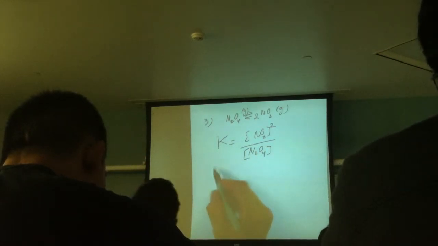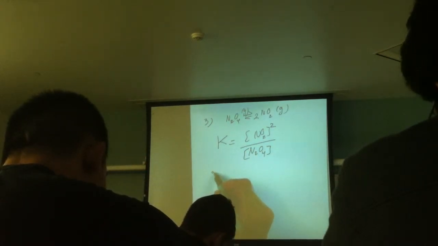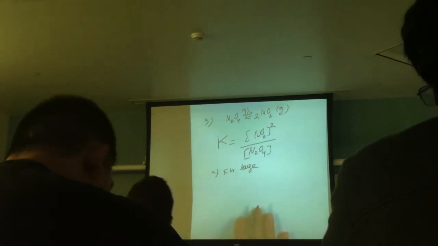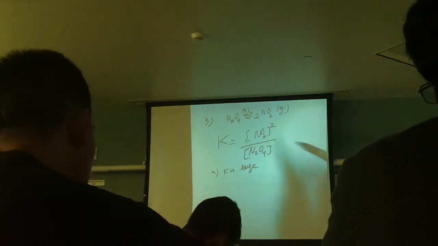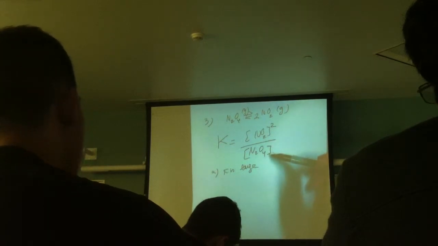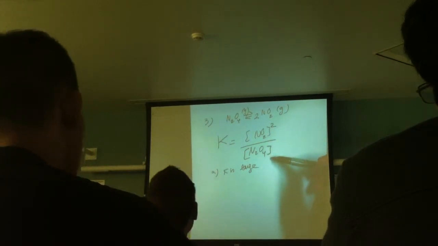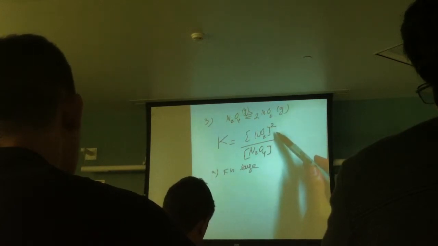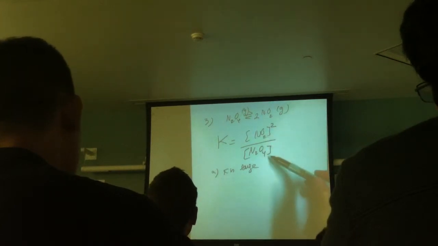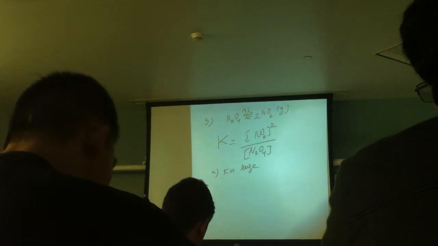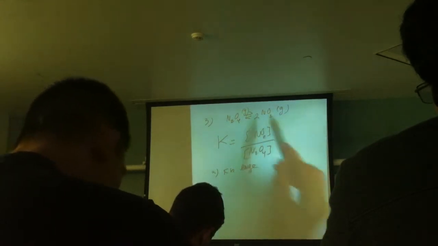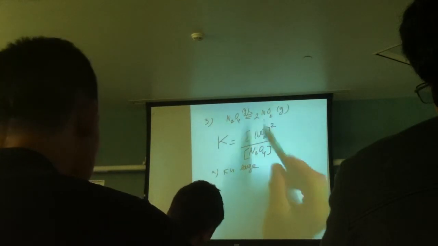If K is very large, this means what? Is the numerator large or is the denominator large? What do you say? The top is large or the bottom? Top. This means when the reaction reaches equilibrium, I have more of this. You know what we say? This is how we say it.